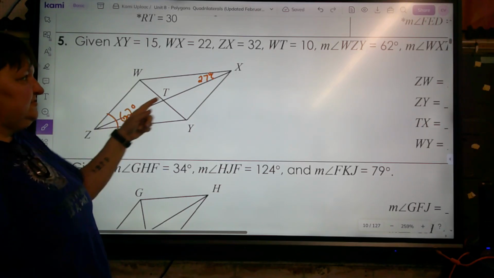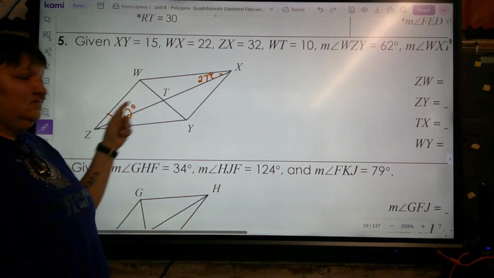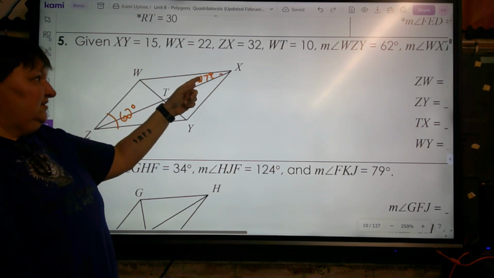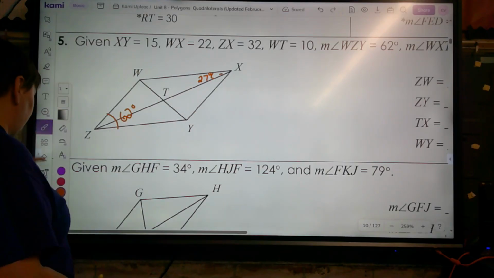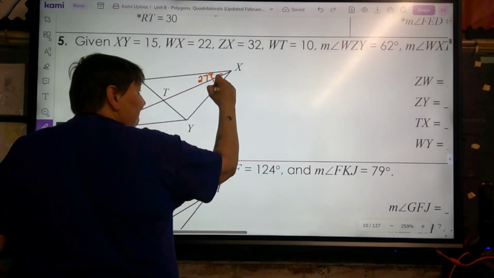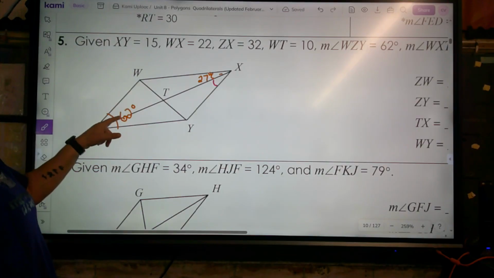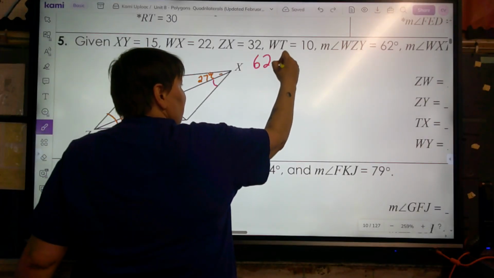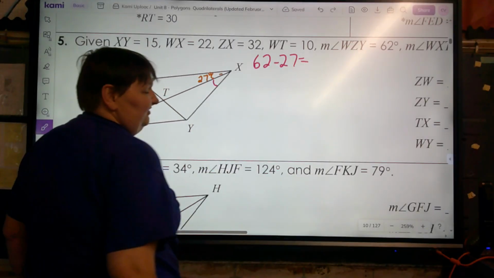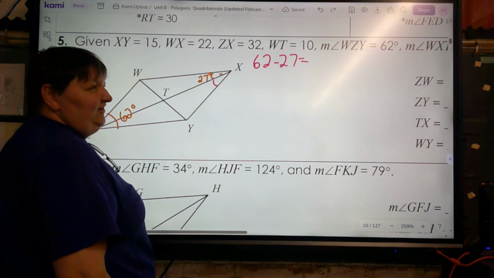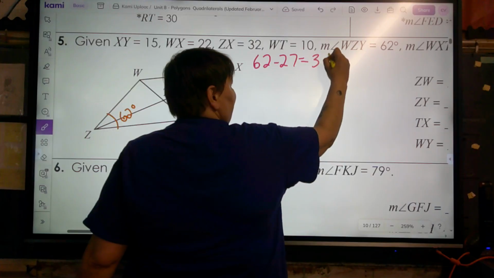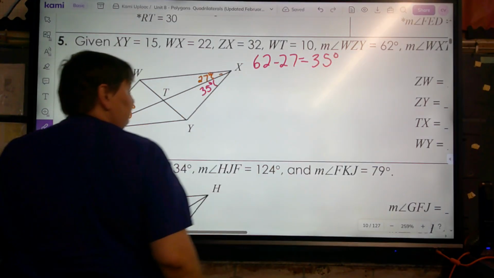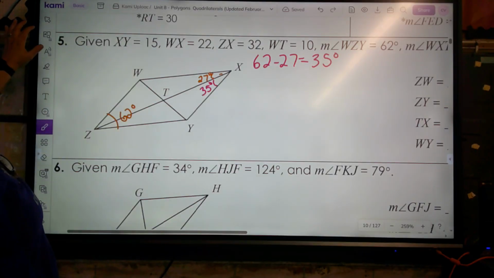If this angle has to be equal to this angle, then this little piece here is 62 minus 27. 62 minus 27 is 35 degrees, which means this little piece has to be 35 degrees. That's important to know. I already have a feeling.